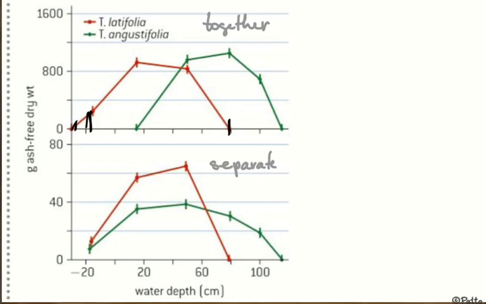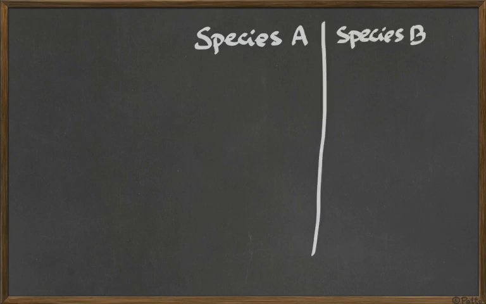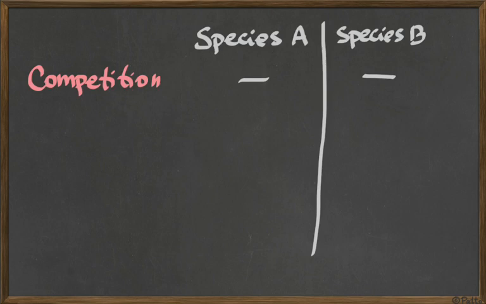But T. angustifolia has a very wide niche going from -20 to +120 in water depth. But when they are living together, T. angustifolia doesn't manage to live below 20 or almost 20 centimeters deep. That means that from this part of the niche here, it has been excluded by competition with T. latifolia.